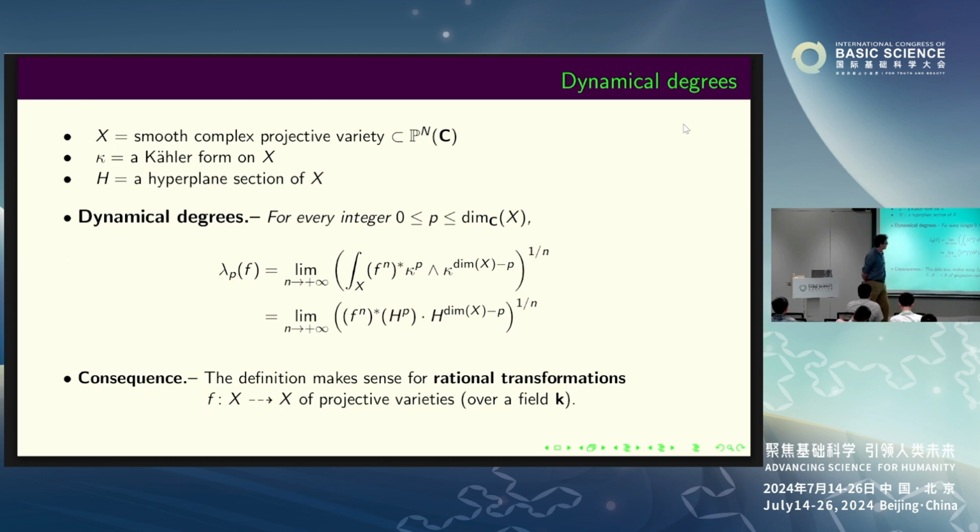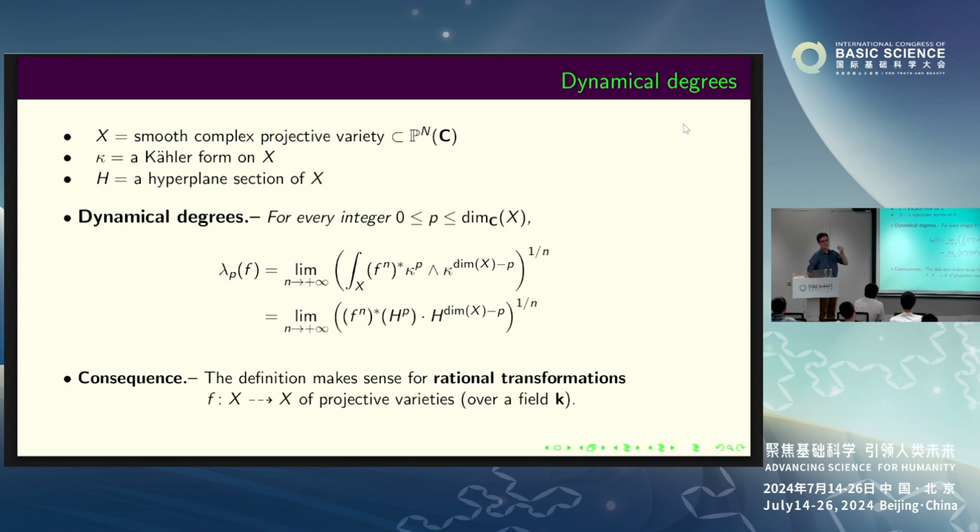Or you can do exactly the same computation with Kähler forms. So this explains the name dynamical degree, because let's look at lambda 1, codimension 1. You take a hyperplane section, so you get a hypersurface in X. You pull it back n times by f, so you get some hypersurface in X. And you want to compute the degree of this hypersurface.